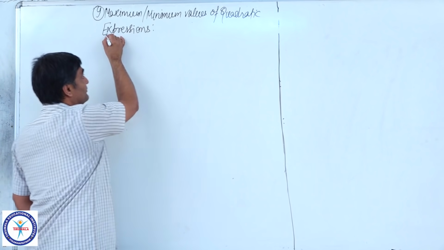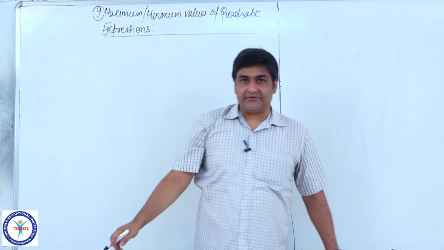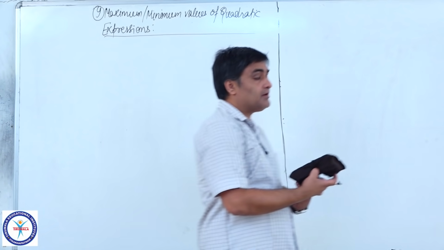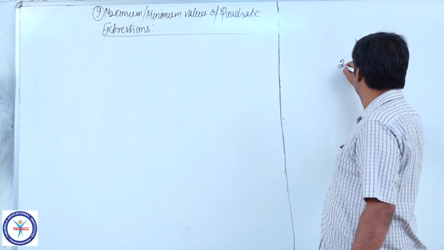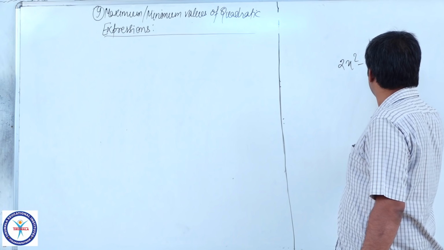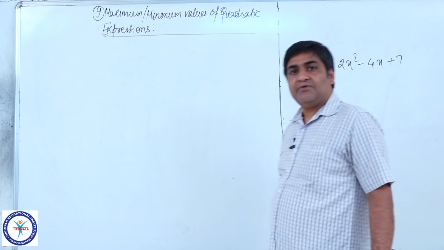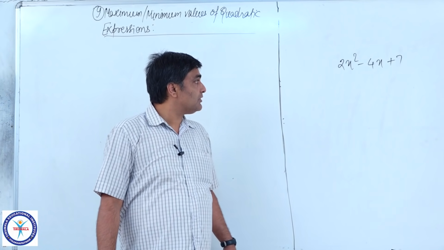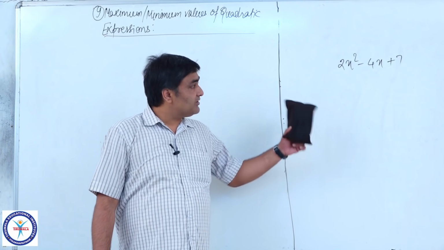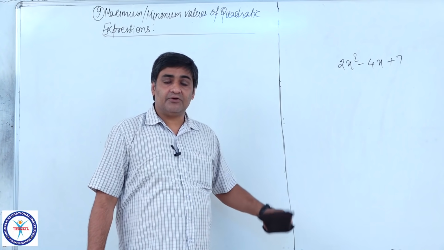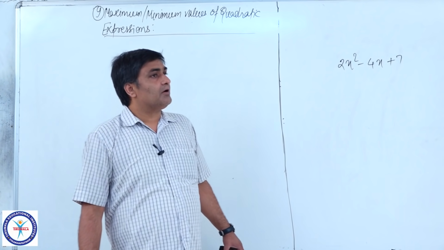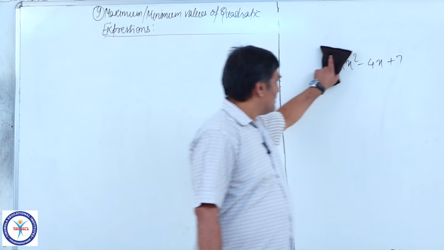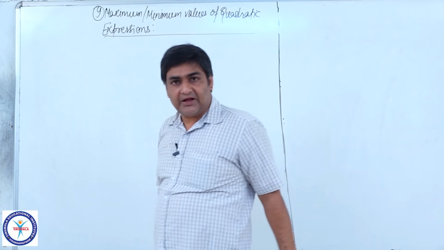Maximum, minimum values of quadratic expressions. See, like we can observe here, for different values of x, there are different values of this expression. What is the minimum value, or in other cases, what is the maximum value?